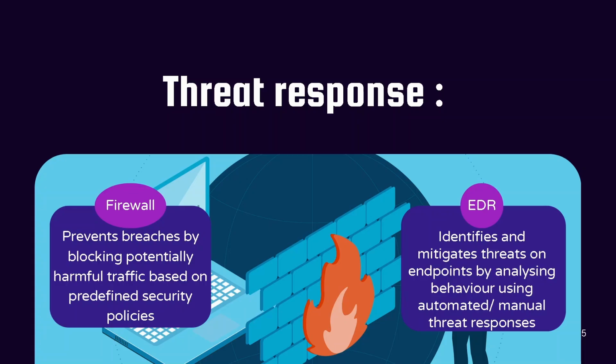How? By analyzing behavior. If I have a virus, it will identify the virus, try to reduce its severity, then analyze the virus's behavior, either using automated threat response where the user does not have to do anything, or manual threat response where the user is involved.